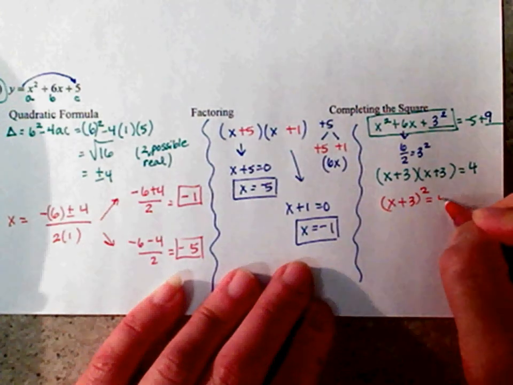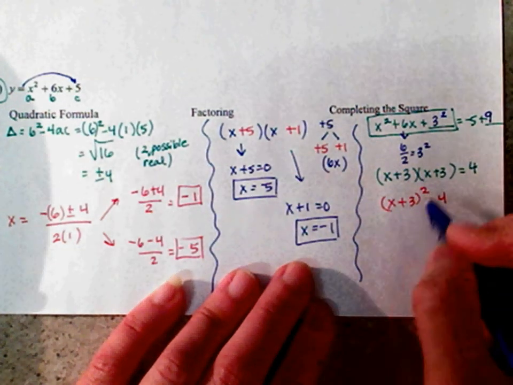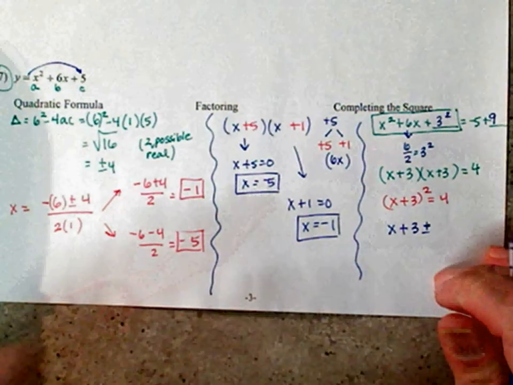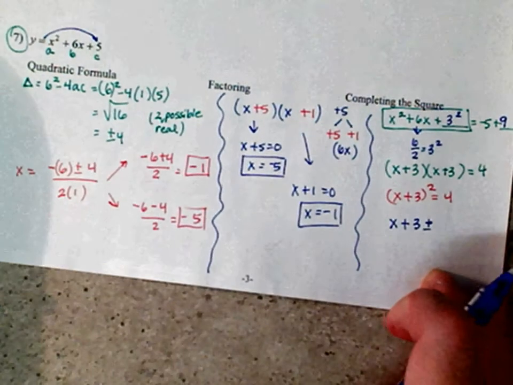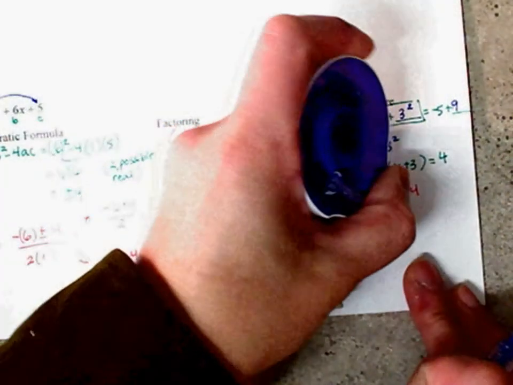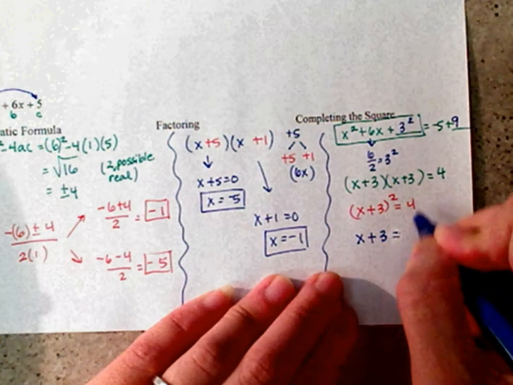How do you solve for a square? You take a square root. Square root of 4 is plus or minus 2.